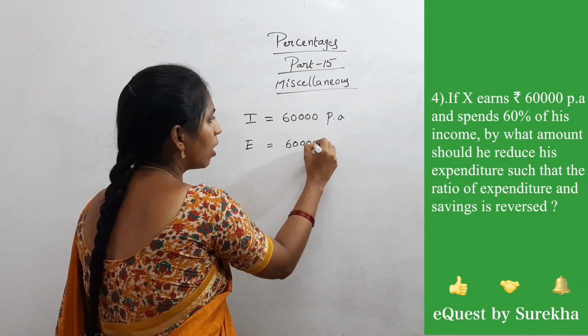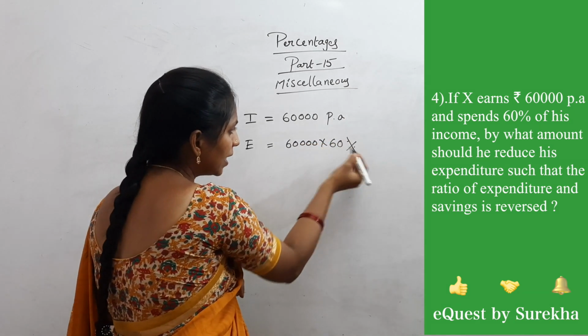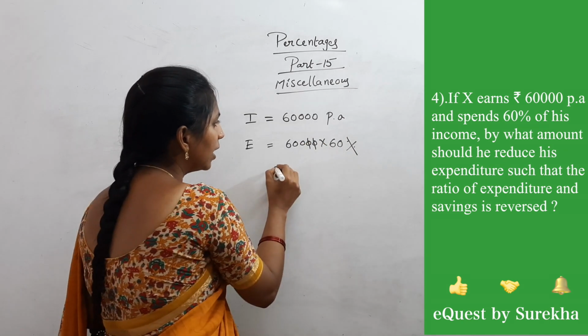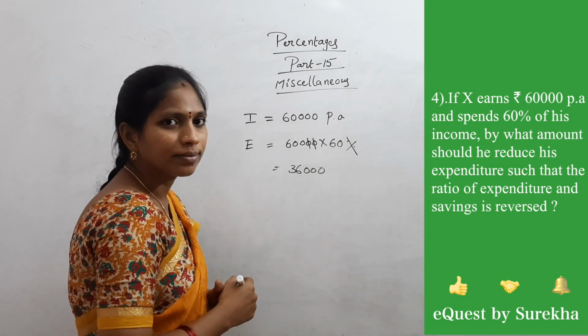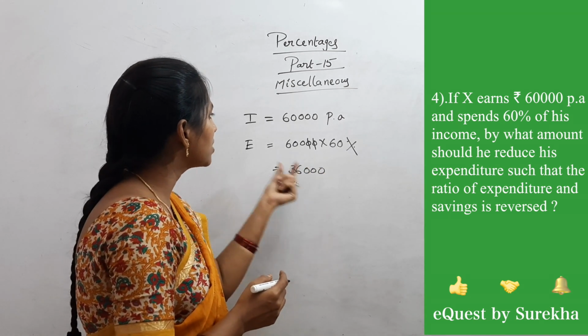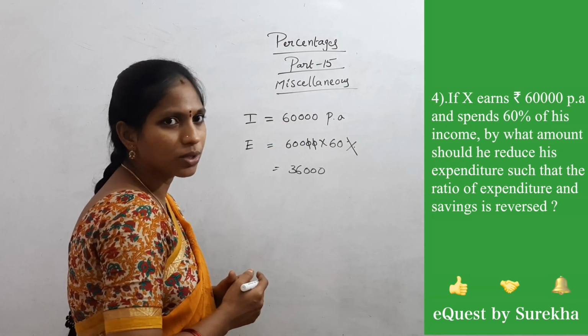So 60,000 into 60%, and 0 gets cancelled, equal to how much? 36,000. 36,000 rupees is expenditure and income is 60,000.